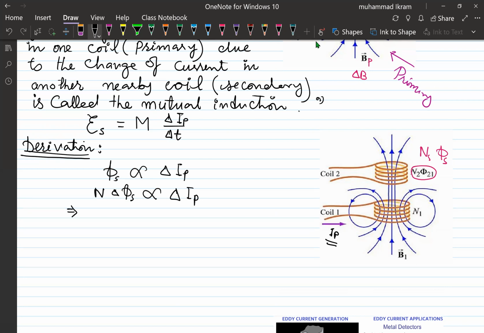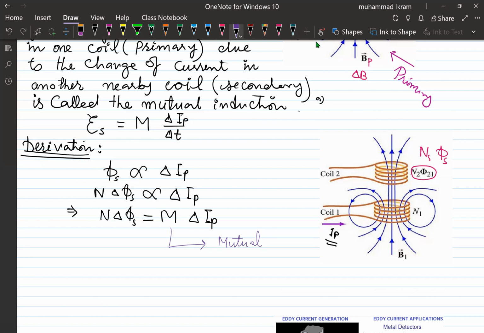Or let me write it like this: N times delta phi_S, the flux through the secondary coil, is equal to M times delta I_P. Now, what is this M? This M is called the mutual inductance of the circuit.